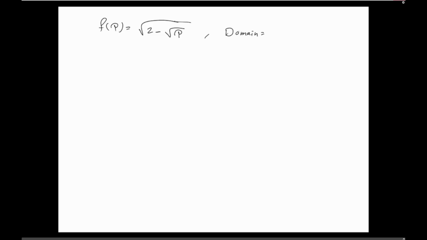So we want to get the domain, and in order to get the domain, we don't want to get unknown values, and we don't want to get a negative root. These are the two main things that we don't want to end up with.